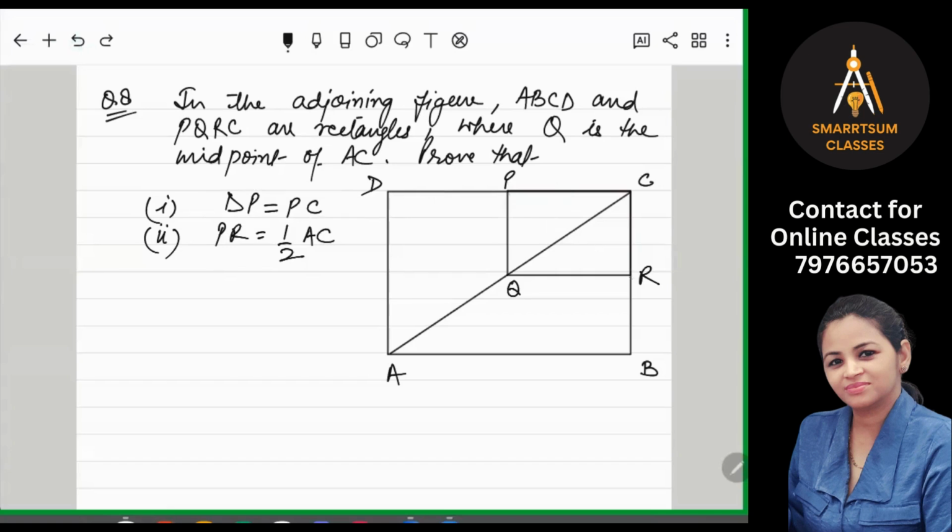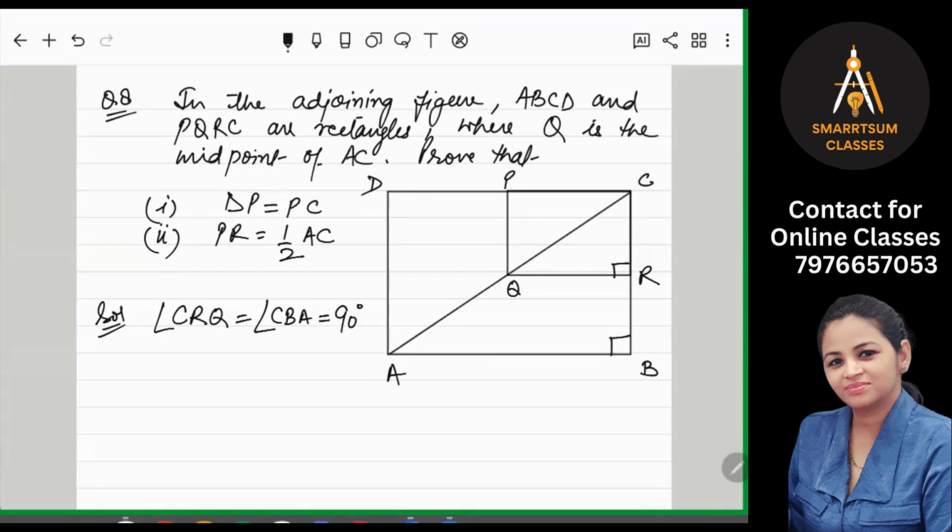Now let's see how to do this. So very first, what is given here? Since these two figures are rectangles, it is already given here. So can we say that angle CRQ is equal to angle CBA, meaning this one is equal to 90 degrees? They are right angles.